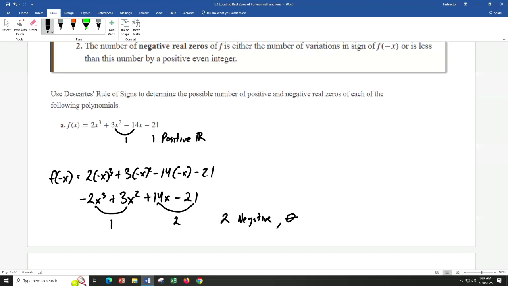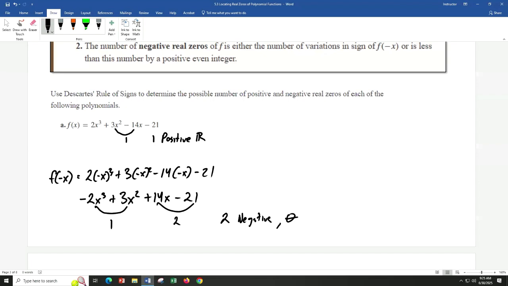What's the degree of this polynomial? 3. I'm guaranteed at least 3 answers. I have to have 3 zeros. They don't have to be real, but I could solve this and get 3 zeros. 1 real, 2 complex, or one positive real and 2 negatives.